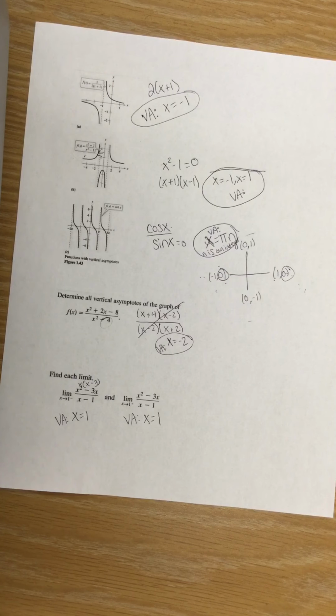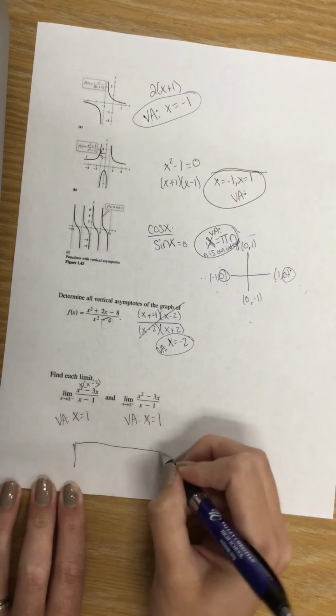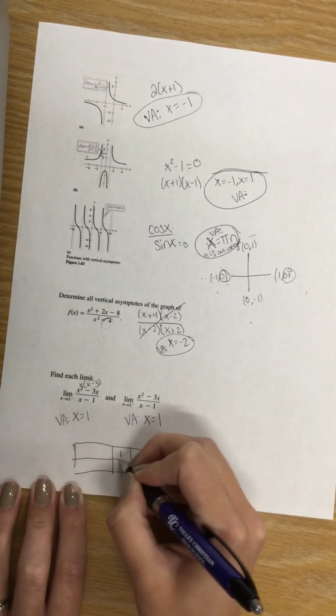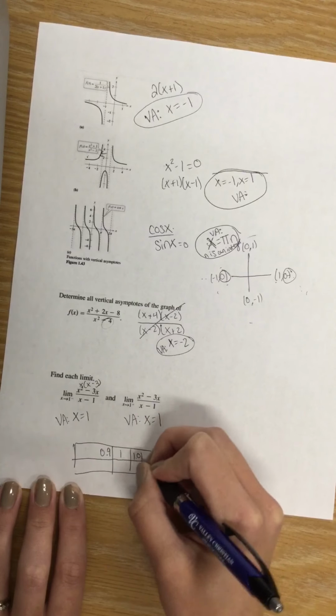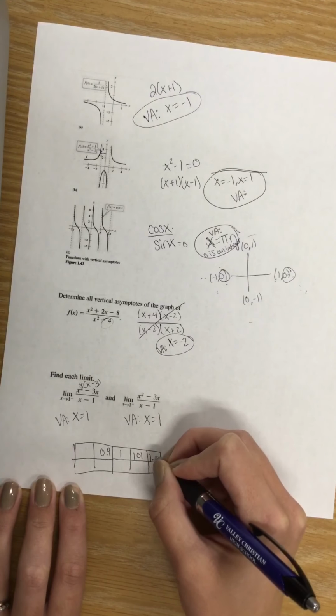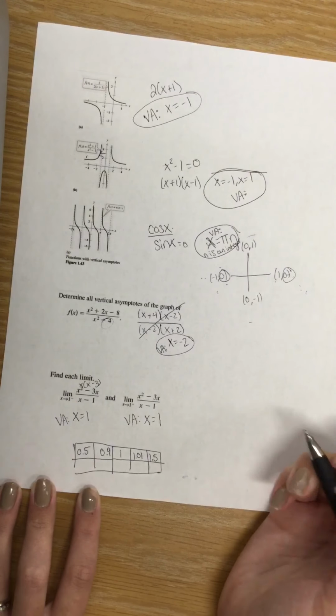We could use the graphing utility to see which way it was going, or we could just look at some of the values as we plug them in. Let's try a couple of values as we get close to 1. So we could have 0.9, 1.01, and then maybe 1.5 and 0.5, just to see what's going on.